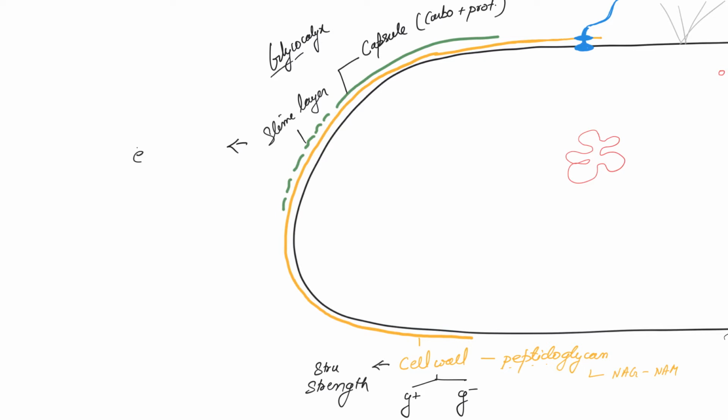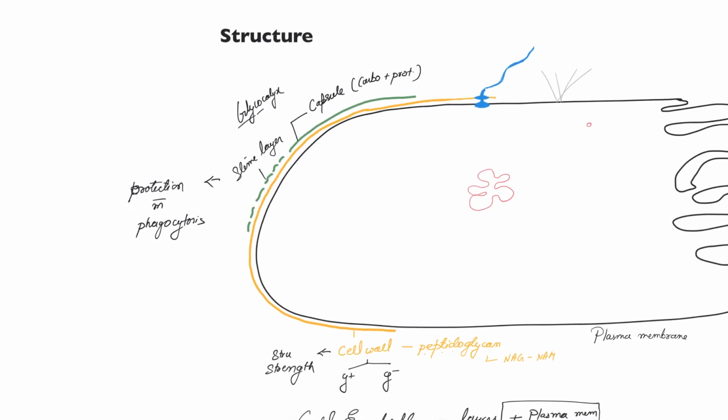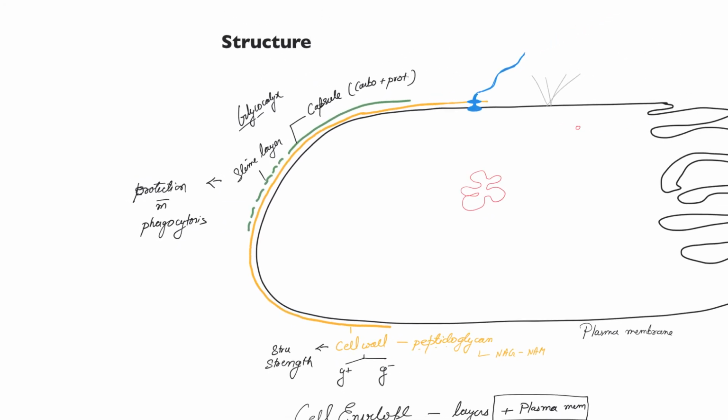So they are there to give them some kind of protection against phagocytosis. So these are a few layers that you should be aware of.